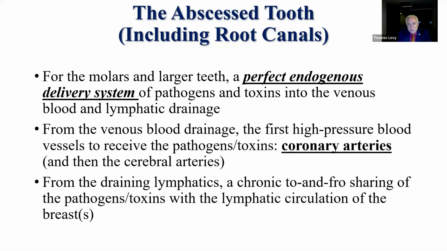When you have infected teeth, tonsils, root canals, etc., especially in the molars, and you chew on them, what do you do? You push pathogens and toxins into two places: into the venous blood and into the draining lymphatics. So when you chew on an infected tooth, you effectively deliver toxins and pathogens into your body more effectively than if you just gave them IV push with a syringe.